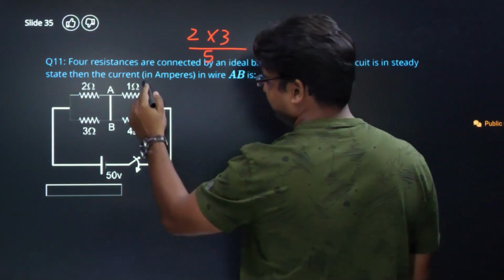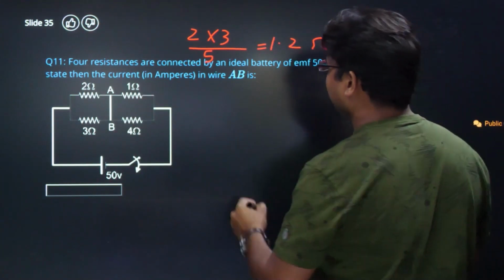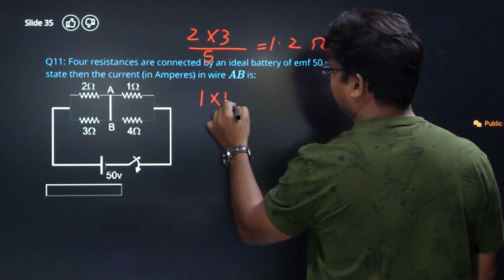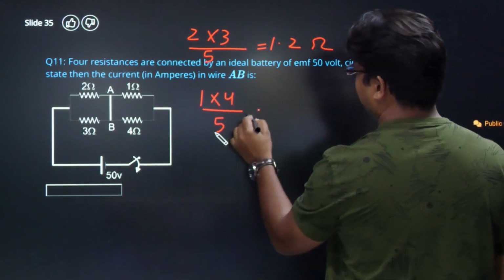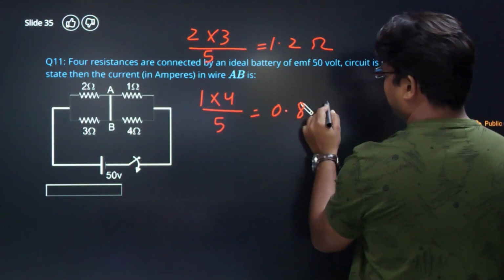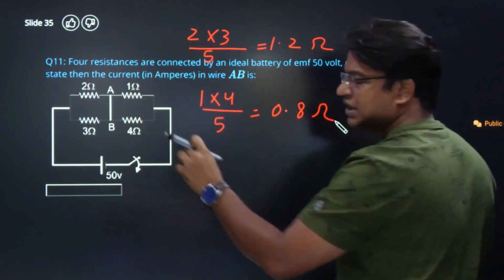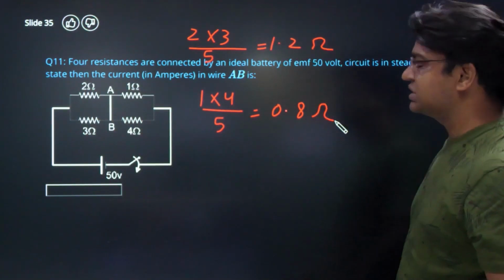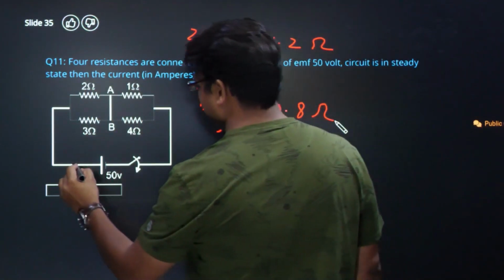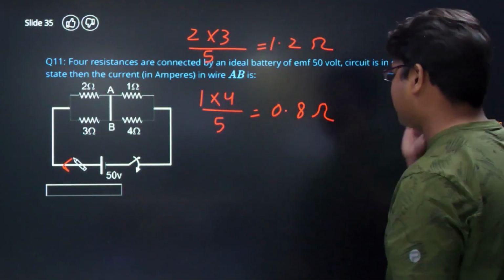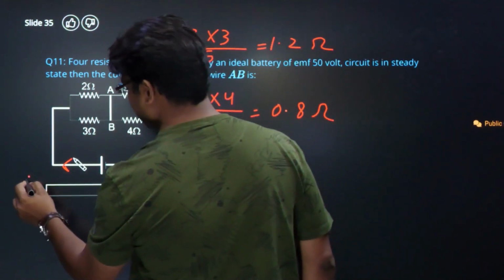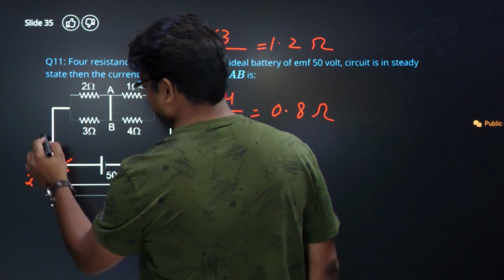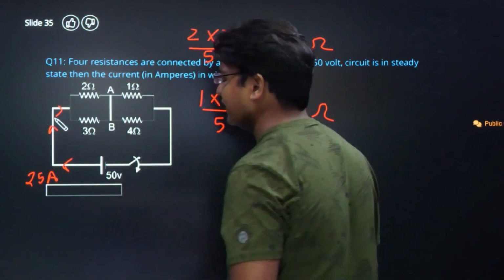And the equivalent of 1 and 4 will be 1 into 4 by 5, so that is 0.8. Now they are connected in series, so the total resistance is 2 ohm. So the current flowing in this branch is 50 by 2, so 25 ampere current is flowing. That's fine.